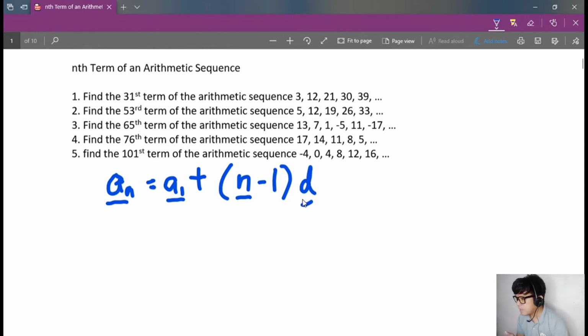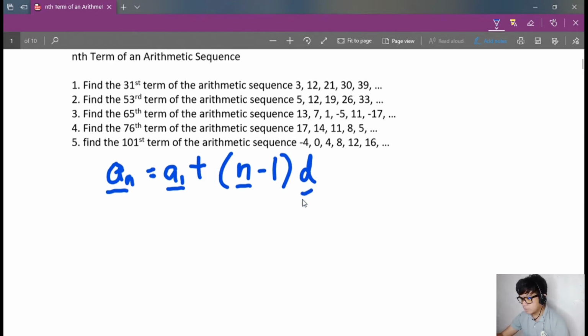Pero, it is very time consuming. Imagine 31st yung kukunin natin. Kasi along the way, sa pag-a-add ninyo, siguro magkakaroon kayo ng mistake. So, pag nagkaroon kayo ng isang mistake dyan, kasali na lahat. So, we will arrive at the wrong answer.